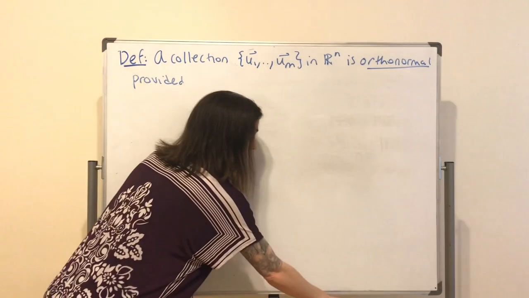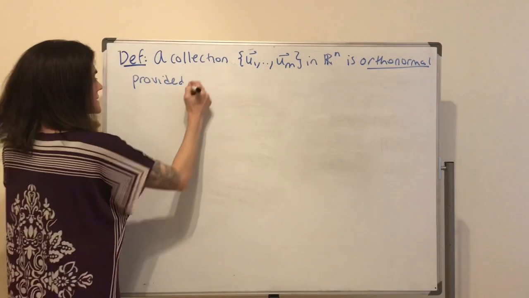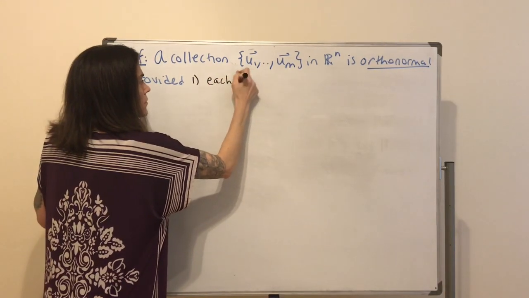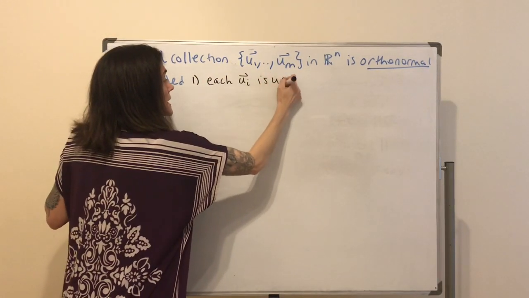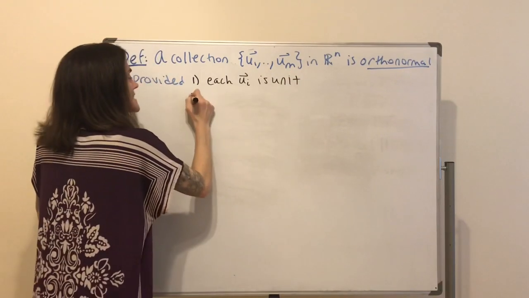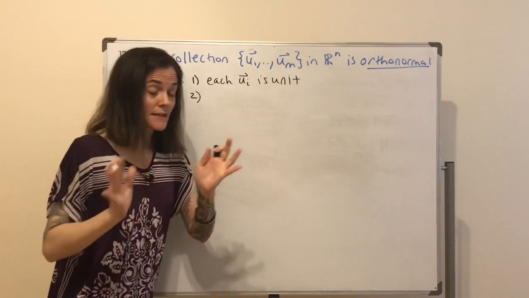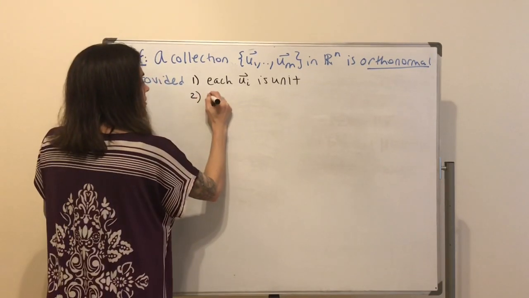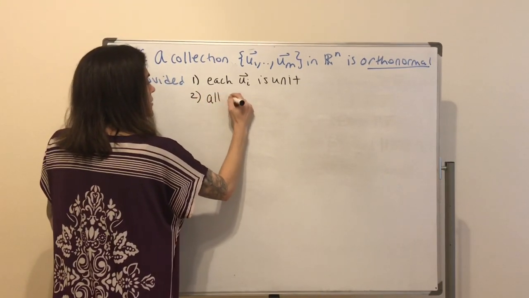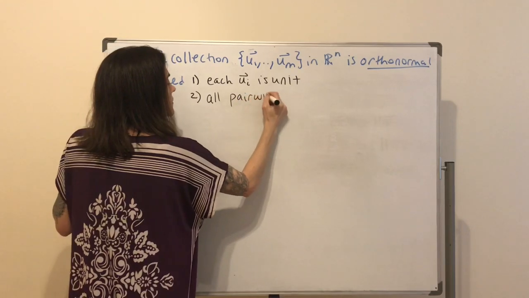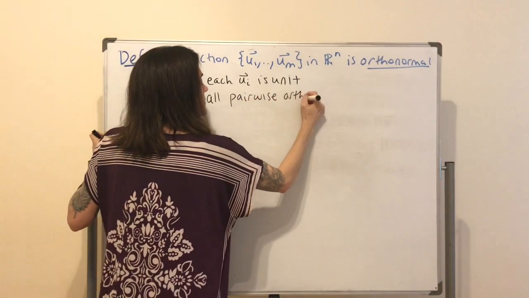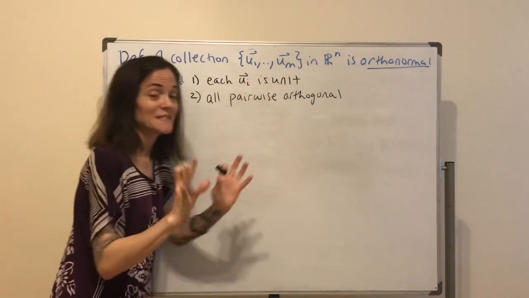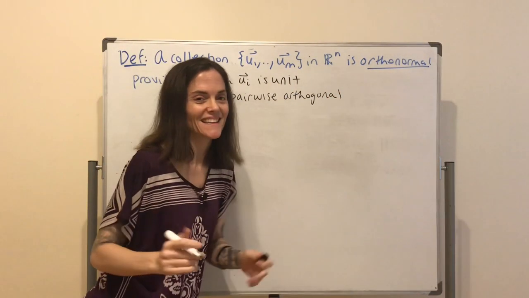We need that each vector is unit, meaning it has length 1, and the second thing we need is that they're all pairwise orthogonal. Meaning you take any two different ones, you take their dot product and you get 0.